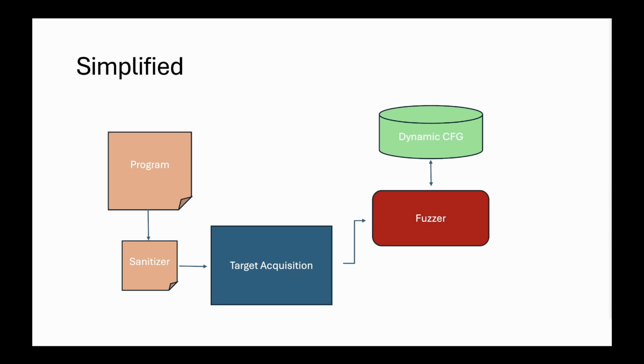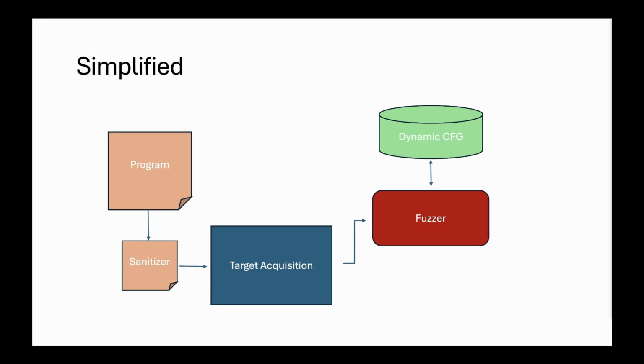The second is the dynamic control flow graph, or CFG, and this part is basically tracking how the program is executing and getting feedback from what is going on, so that as time goes on, as the fuzzer is running, as the program's running, we can get a stream of feedback, so we're not just shooting in the dark.